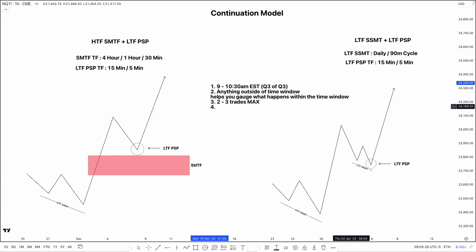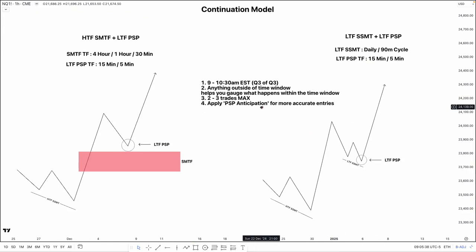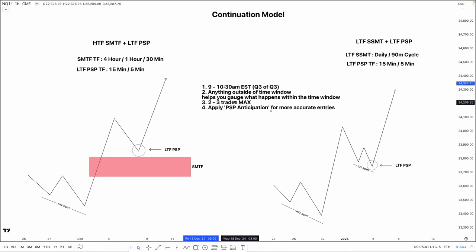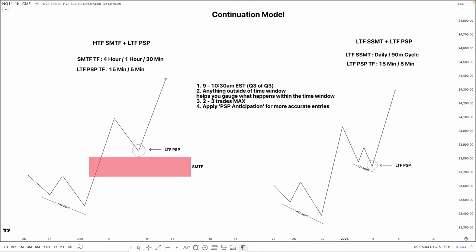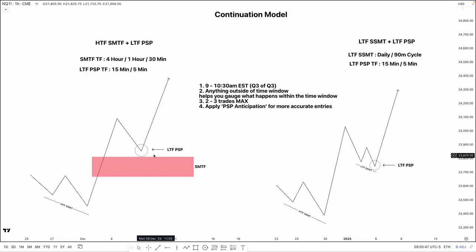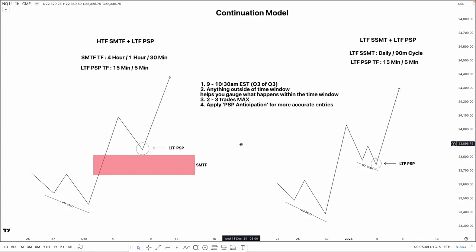And then lastly, we can use our predicting PSPs, or the PSP anticipation, for more accurate entries. And I do have a video on that in WAP, if you have not watched that yet. Okay, so we can use this to get even better entries.